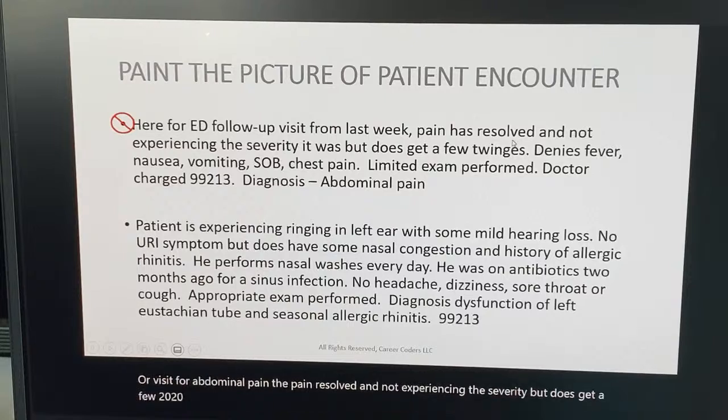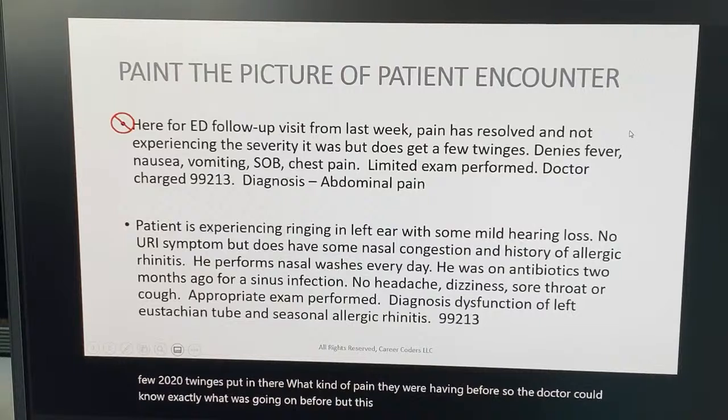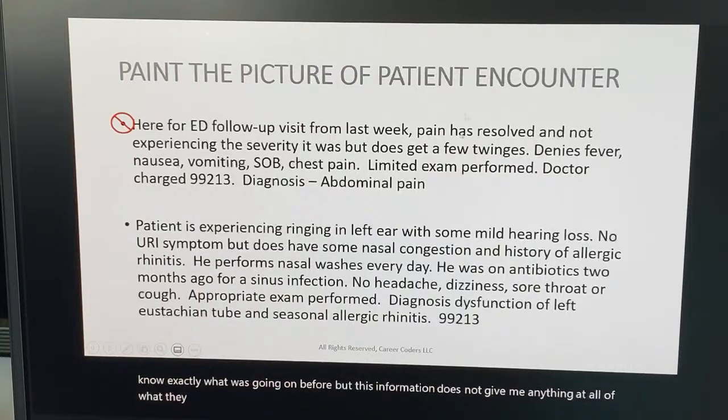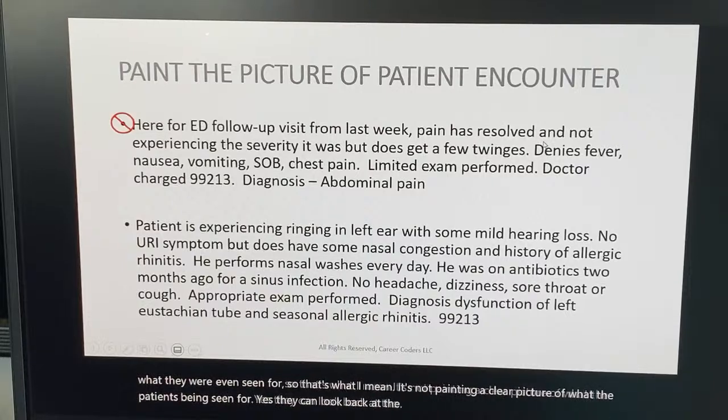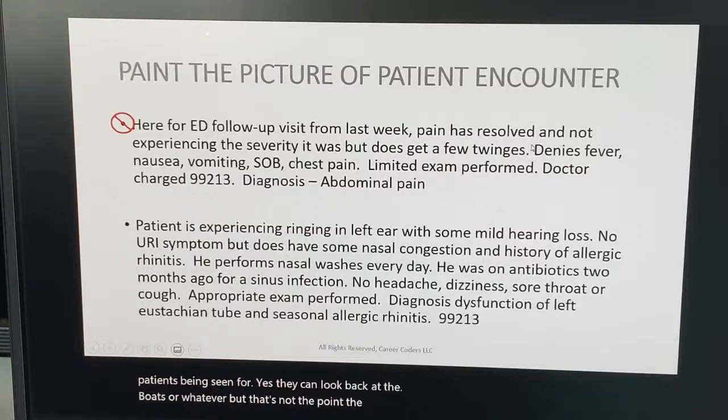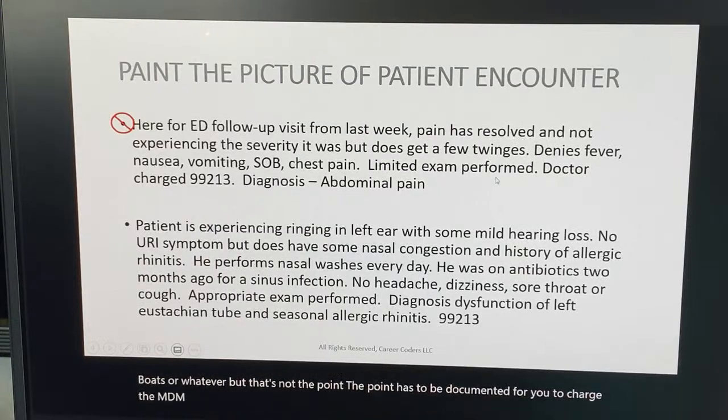Put in there what kind of pain they were having before so the doctor can know exactly what was going on. But this information does not give me anything at all of what they were even being seen for. It's not painting a clear picture of what the patient's being seen for. Yes, they can look back at the ER notes, but that's not the point. The point has to be documented for you to charge the MDM exactly what you're following up for.